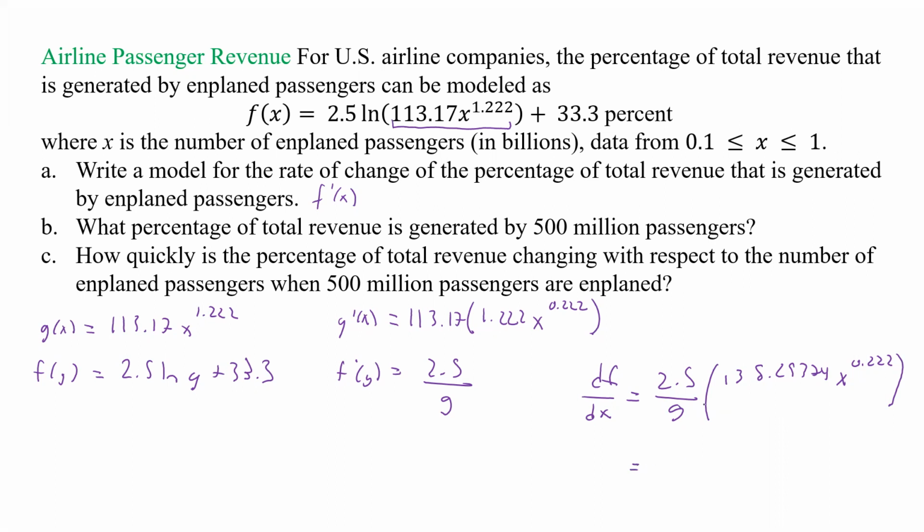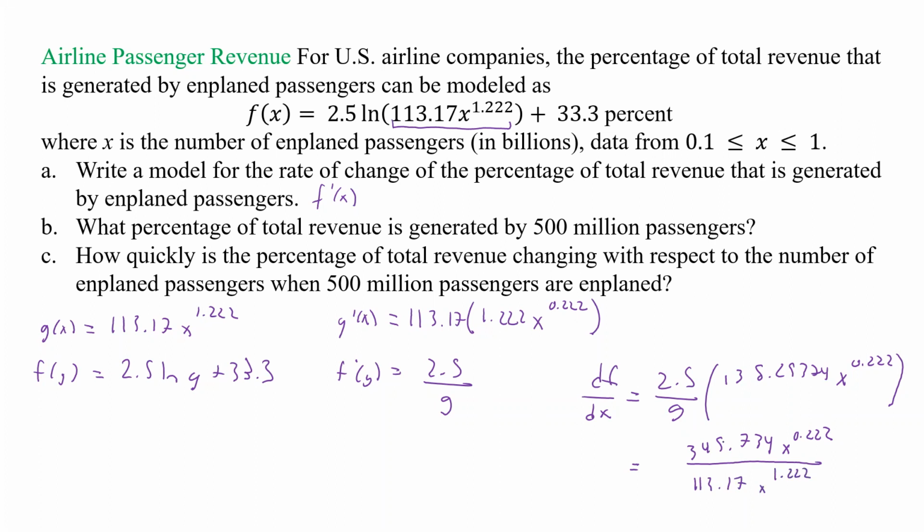So we'll have 2.5 times that number, which gives us 345.734, and then it's x to the 0.222 all over g, which is our 113.17 x to the 1.222.